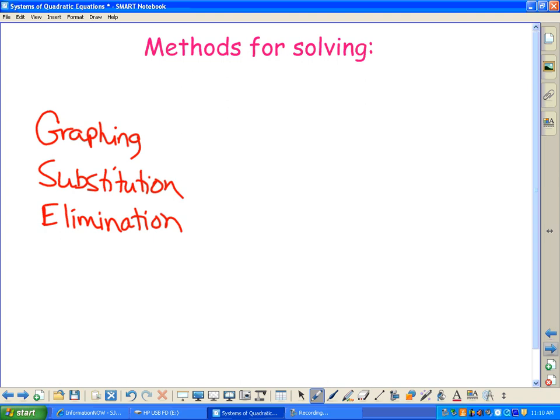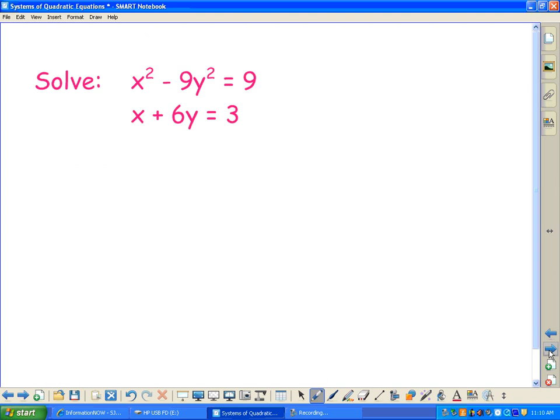Now you're going to be able to tell probably pretty easily whether or not you can use the elimination. So let's look at this one. The first one is the graph of what? Hyperbola. The second one, not a conic necessarily, a line, okay? So my question is, can we use the elimination method?